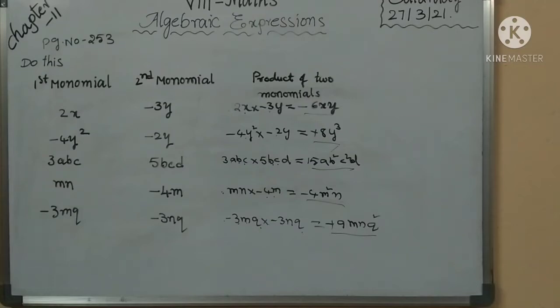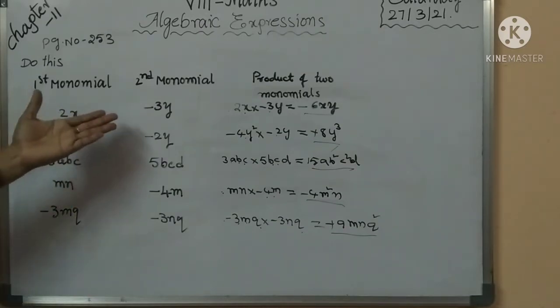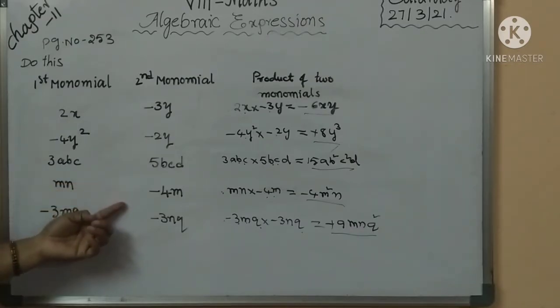So here observe the second problem. Check whether you always get a monomial when two monomials are multiplied. Yes, these two are all monomials here, and these two monomials multiplied give a monomial. Understand, children? Next, the third question: the product of two monomials is a monomial. Yes, the product of two monomials is a monomial. Once observe the check. Take any two monomials, mn into minus 4m.